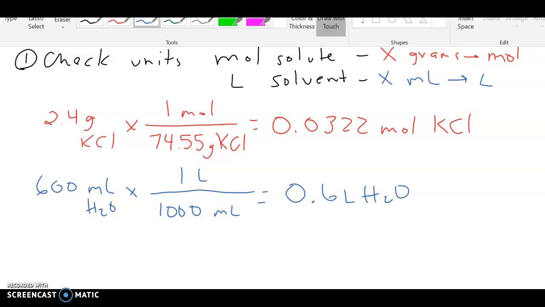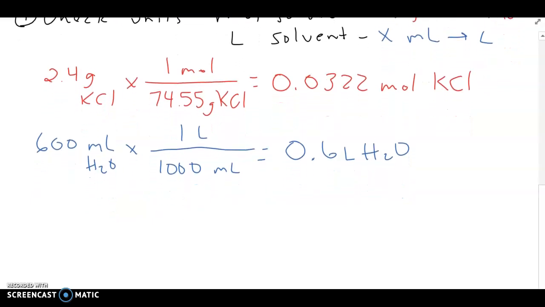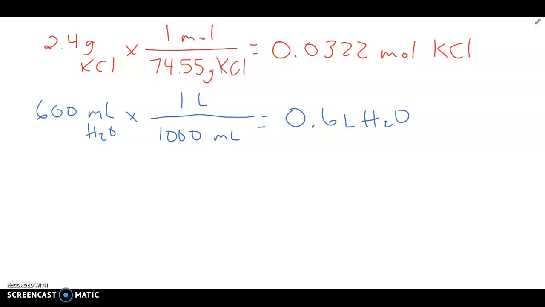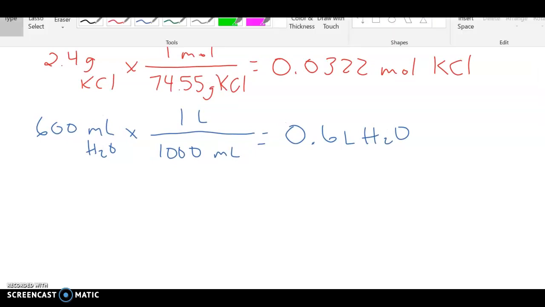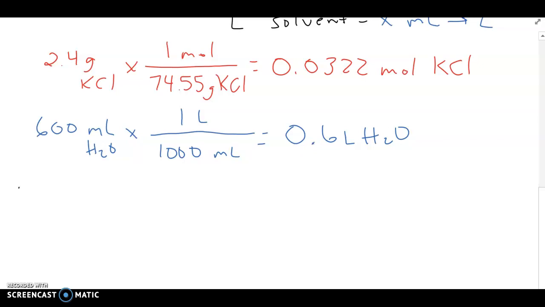So now I'm going to go ahead and do step 2, which is my molarity. I am looking for my molarity, so I'm doing M equals moles of solute over liters of solvent.